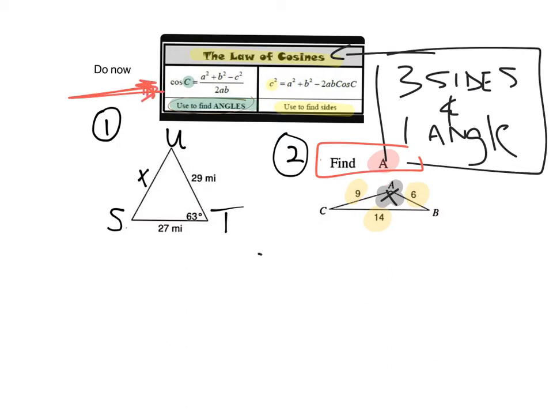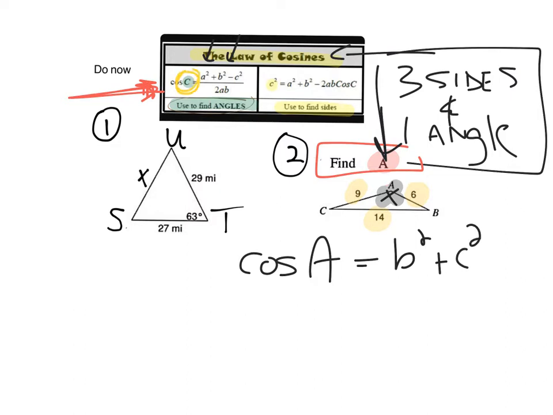So here I'm going to have the cosine of the angle, which in this case is angle A, that equals, now notice your pattern. You're going to have the other two sides. So here I'm going to have B squared plus C squared. And when you use the law of cosines to find an angle, you use the side opposite only once.